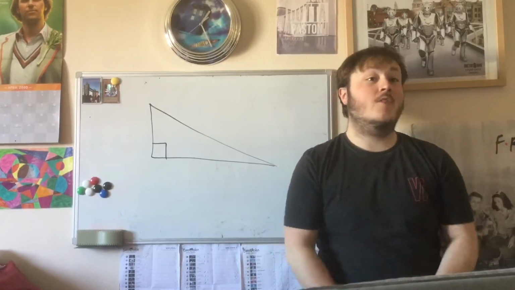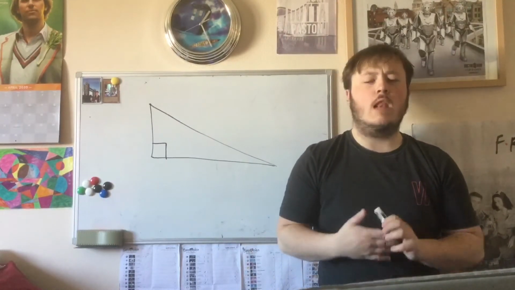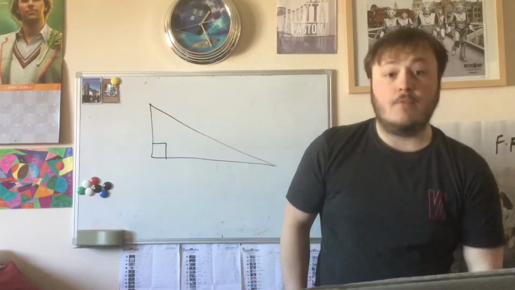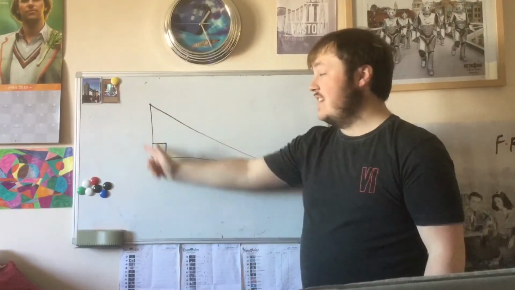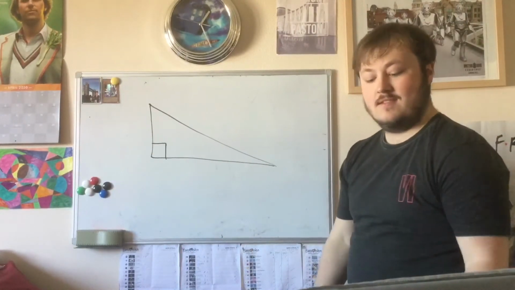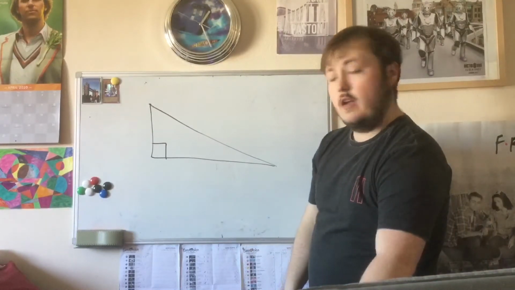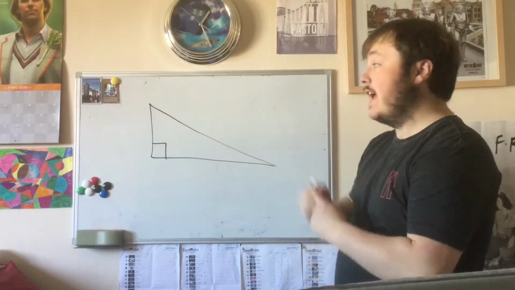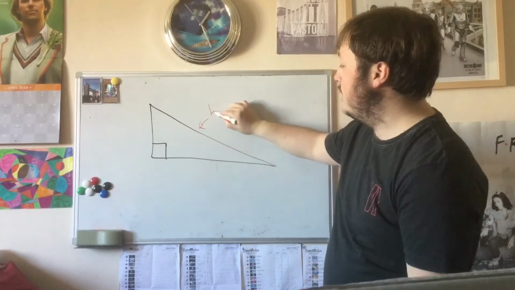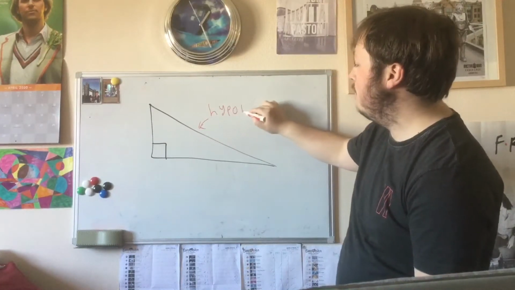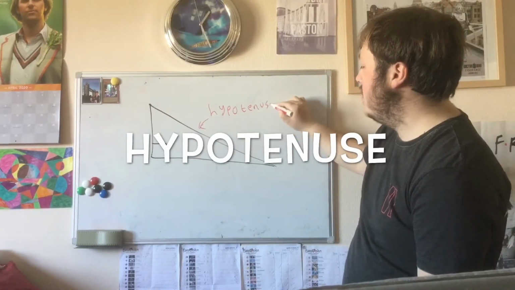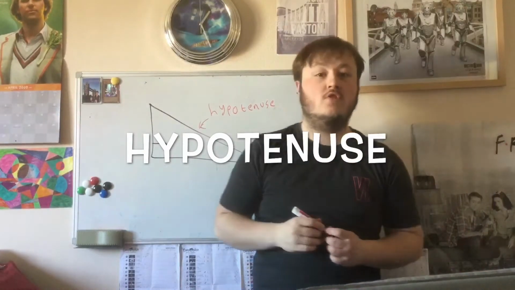Now, right-angled triangles are really special because you can do a lot with them. Now, these 3 sides actually all have names. Let me show you. This long side here is known as the hypotenuse.